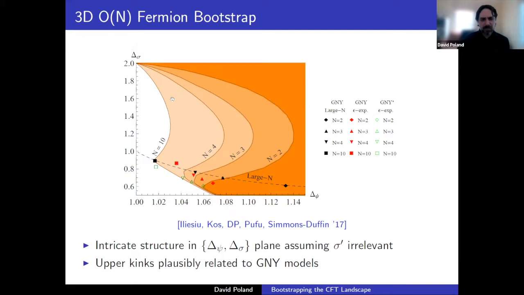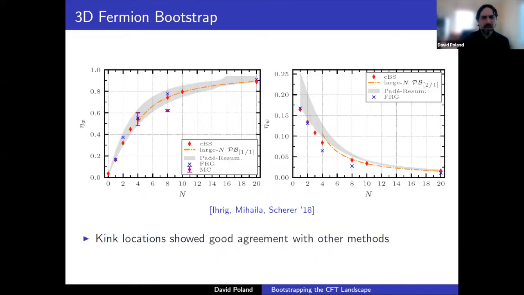But there was a nice comparison done by Ihrig, Mihaila, and Scherer, comparing the locations of these bootstrap kinks to other methods like resummations of the large N expansion, resummations of the epsilon expansion, functional renormalization group methods, and Monte Carlo.